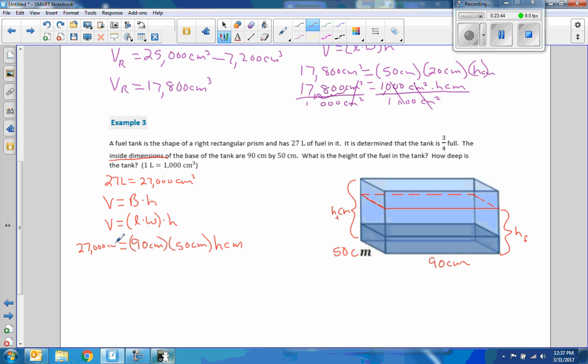So 27,000 cm cubed equals 9 times 5 is 45 with 2 zeros, centimeters times H, I should say times H centimeters cubed, and then we'll have all of our units of measurement together.